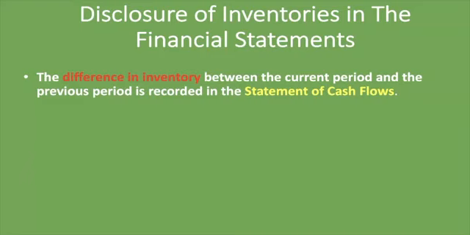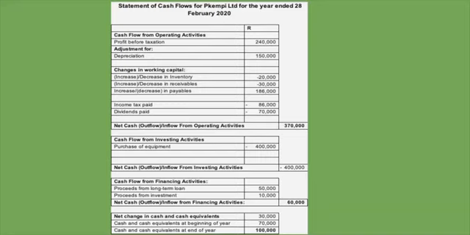And in the statement of comprehensive income or the income statement, you record the inventory that you sold during that period. You record the cost of that inventory. And in the statement of cash flows or the cash flow statement, you record the difference in inventory between the current period and the previous period. And this is how it should appear in your cash flow statement or in your statement of cash flows.